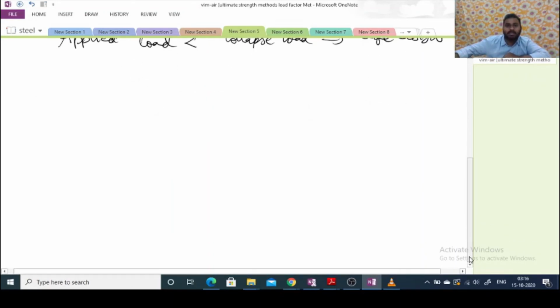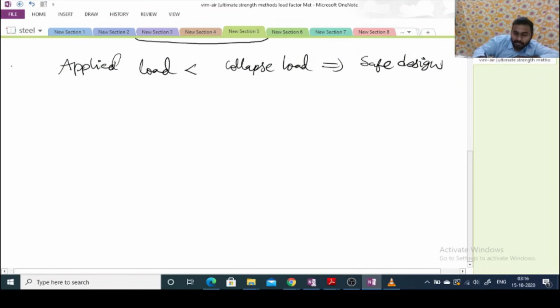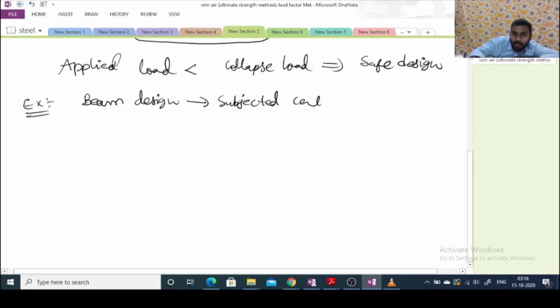As I said, let us take a beam. Example: beam design. Now this beam is subjected to a center point load.